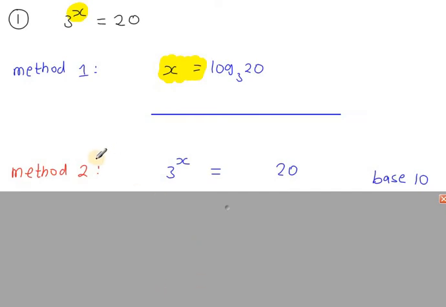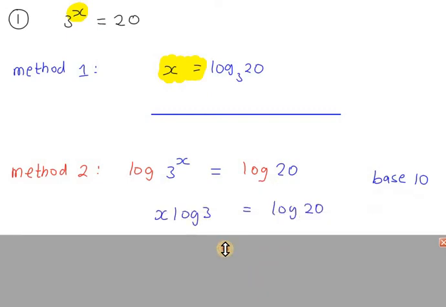Method 2, take logs on each side. So we write the word log once on each side, and I'm going to use base 10. It can be any base, but it has to be the same on both sides.